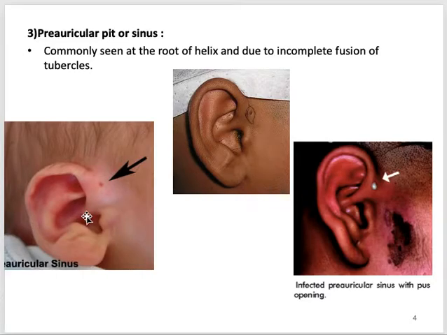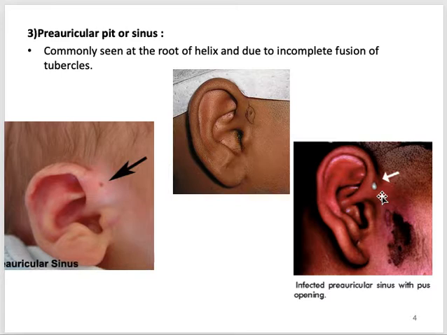Next, there could be a pre-auricular pit or sinus. You can see this one, and this is most commonly seen in front of the crus of the helix or above the tragus.